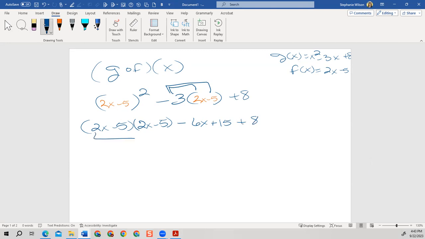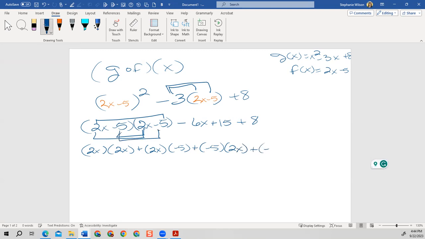Now let's clean this up. I got first times first, so I have 2x times 2x, plus the outers, 2x times that -5, then my inners, so I got plus -5 times 2x, and then my last, -5 times -5, and let's bring the rest, minus 6x plus 15.